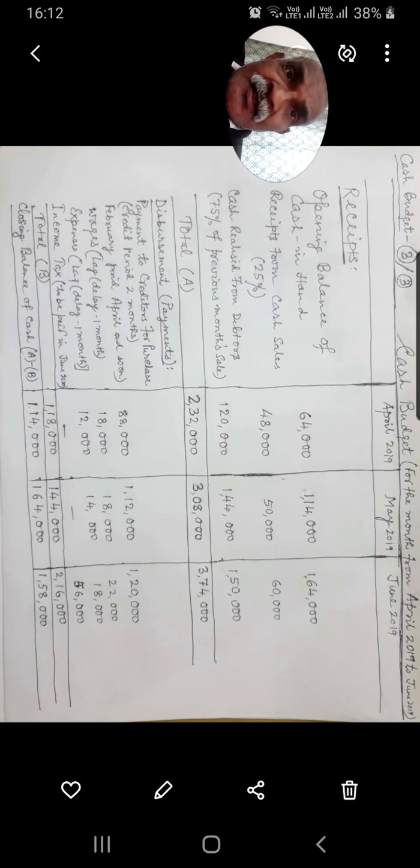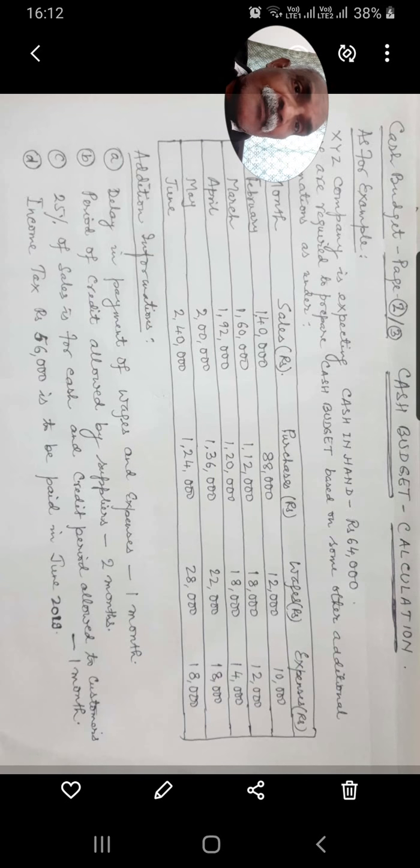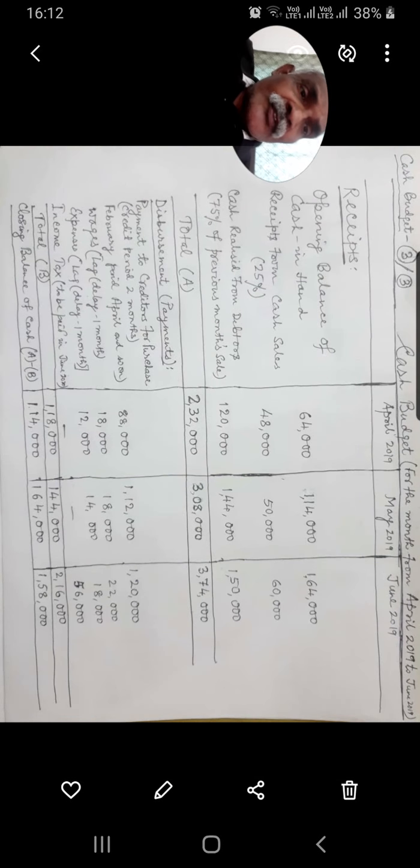You purchased in March, not paid in April, in the month of May you will pay. So in the month of March, how much amount of goods did you purchase? That is 1,12,000 rupees. So you will pay 1,12,000 rupees in the month of May.